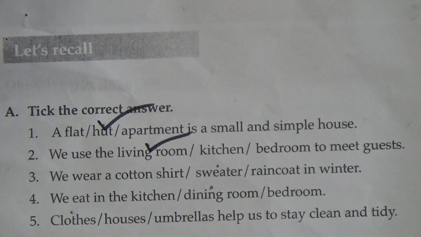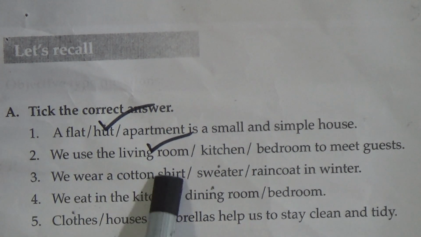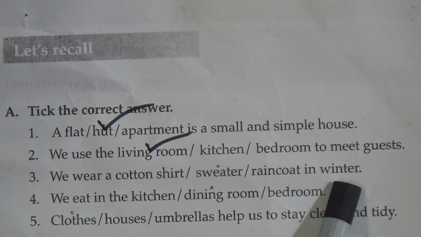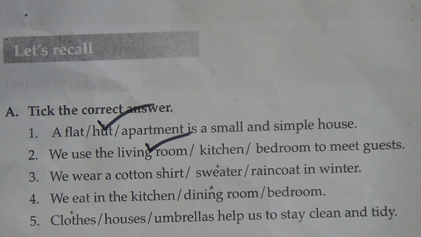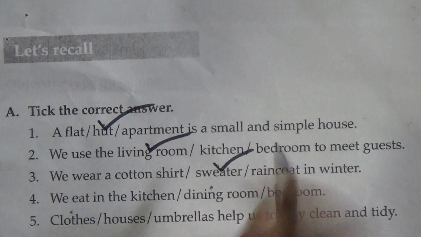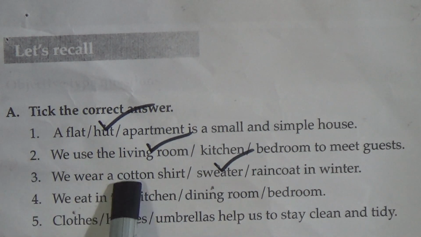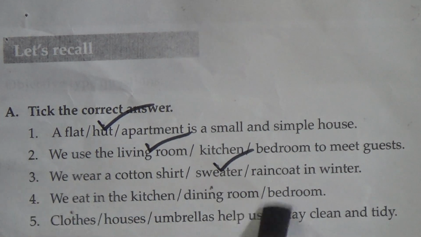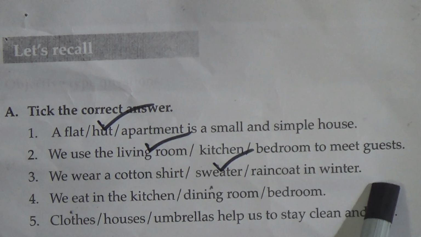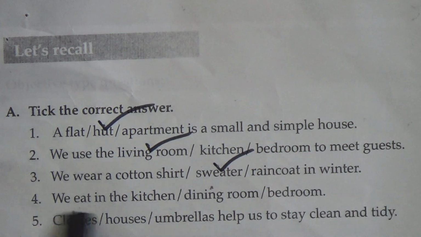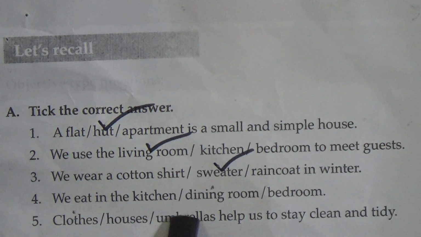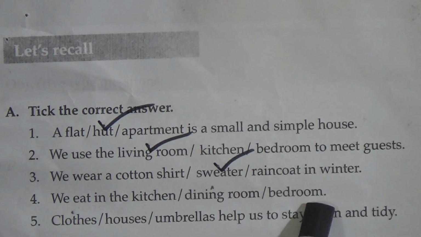Number 3. We wear a cotton shirt, sweater, raincoat in winter. Here the answer is sweater. We wear a sweater in winter. Now number 4. We eat in the kitchen, dining room, bedroom.